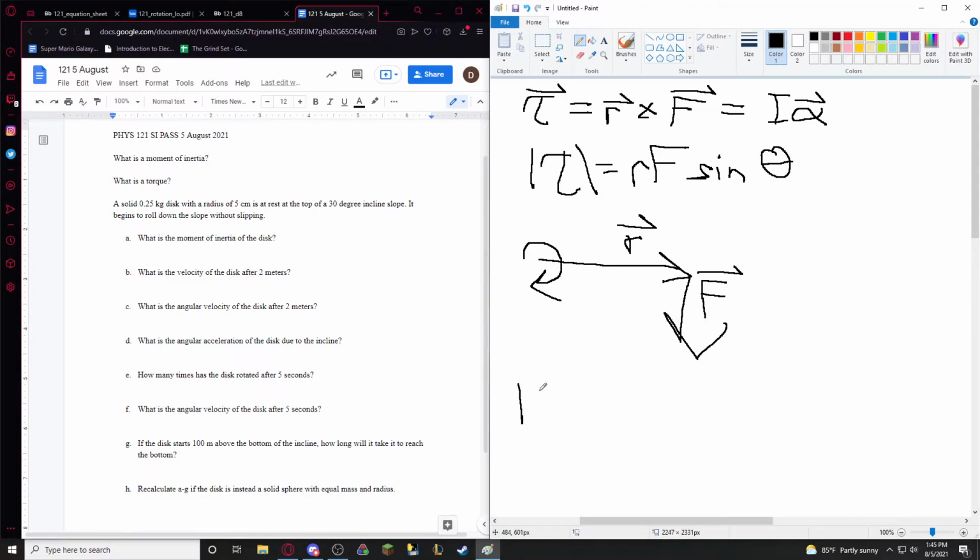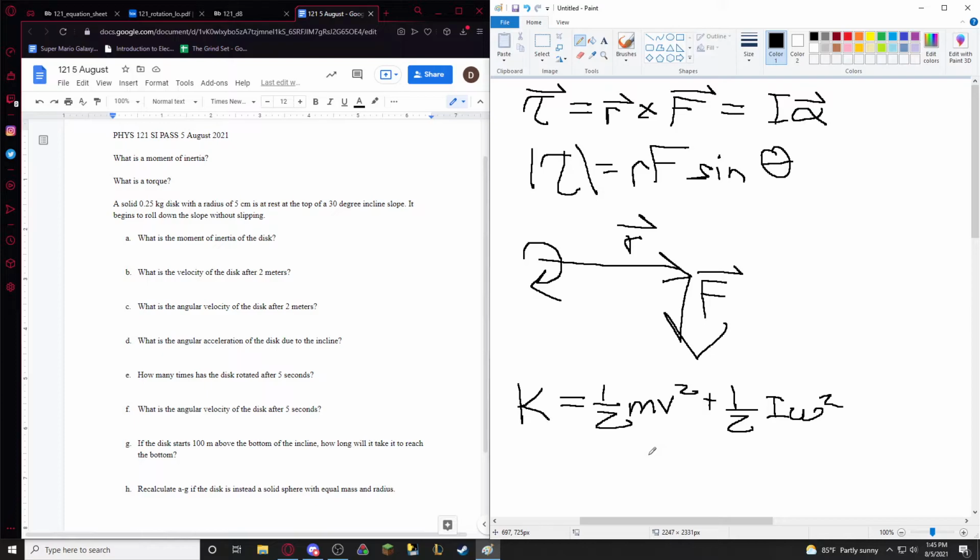We'll actually use the total kinetic energy of an object, which is half mv squared plus half I omega squared. Once again, it's pretty much the same thing as half mv squared, where the moment of inertia is the rotational equivalent of the mass, and omega is the rotational equivalent of the velocity.